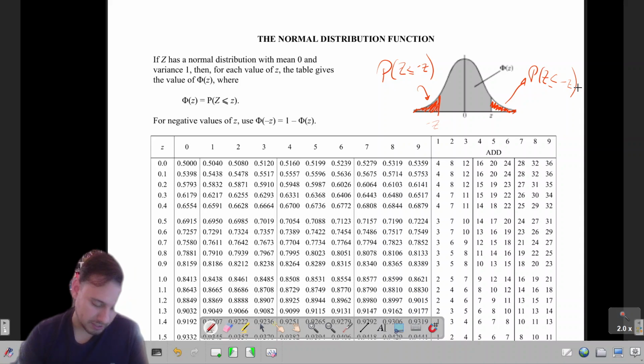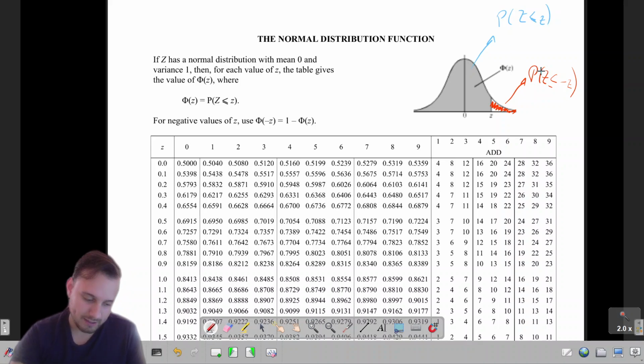They share an interesting relationship, because all of this that we have here, as this is a PDF, must add up to 1. So if you look at this gray part of the graph, this is the probability that Z is less than or equal to lowercase z, because this is the actual phi of z.